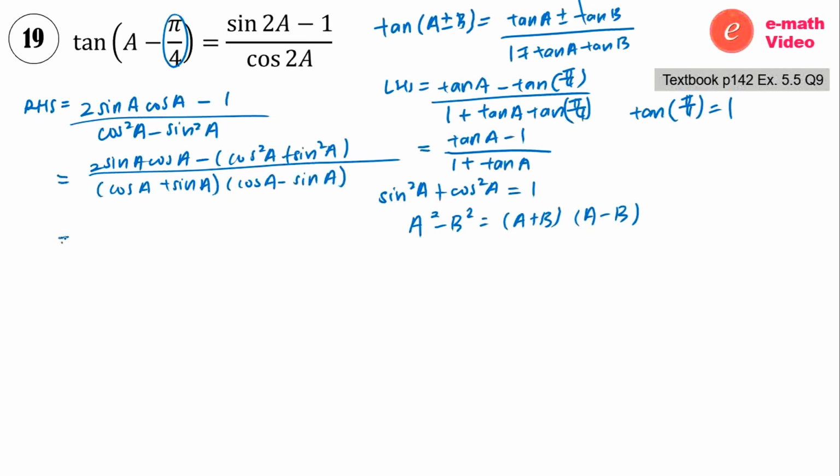On top, to make our life easier, I will factor out the negative. Okay, negative outside.